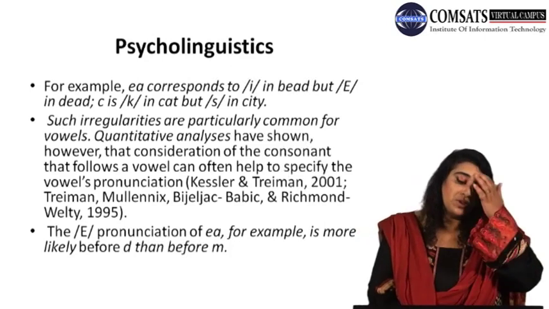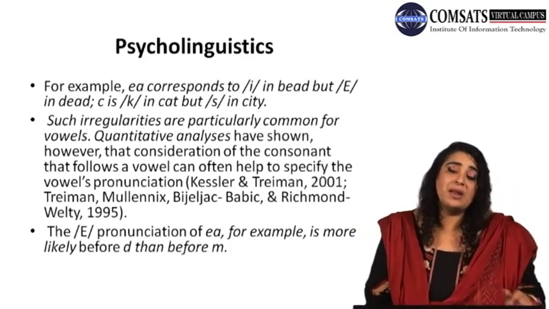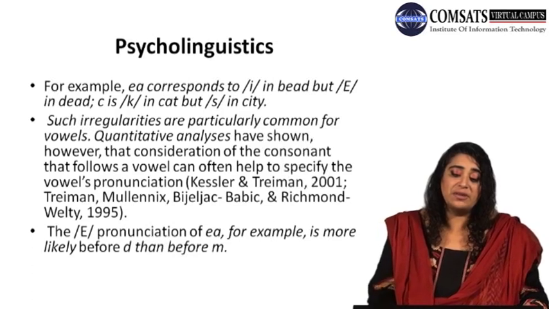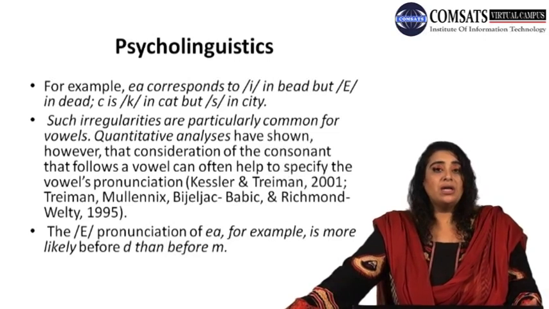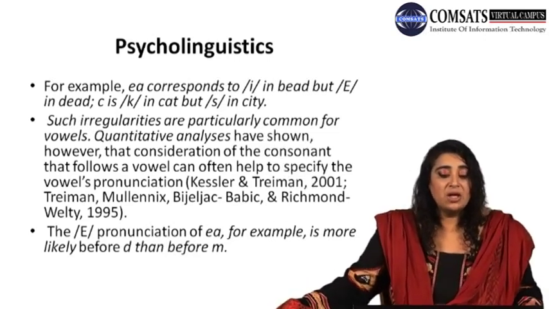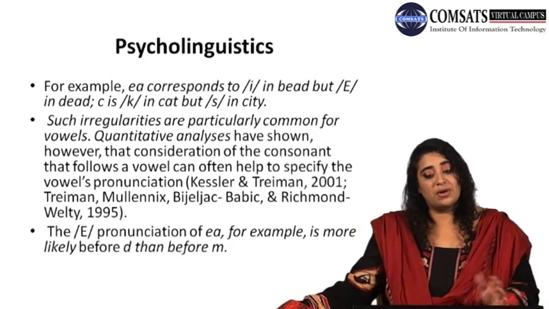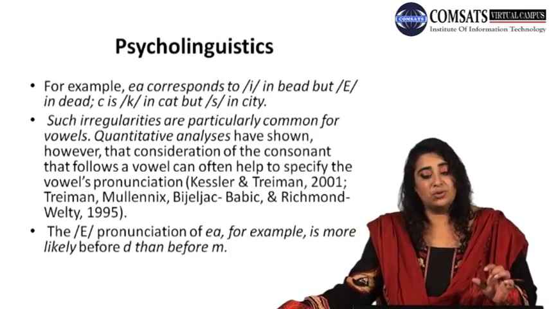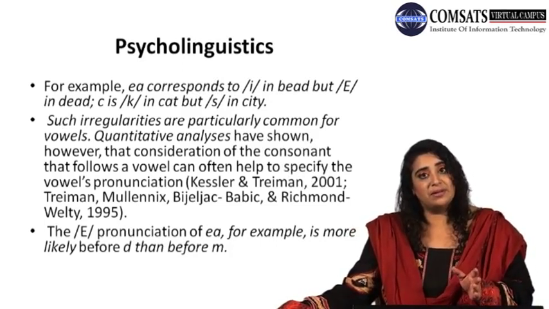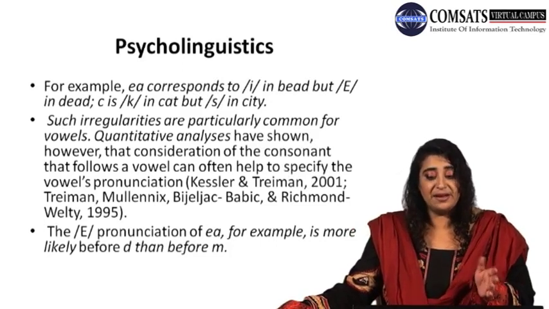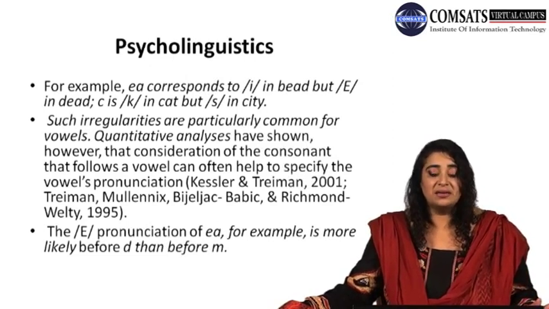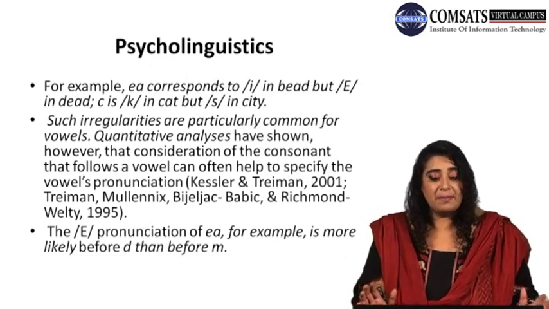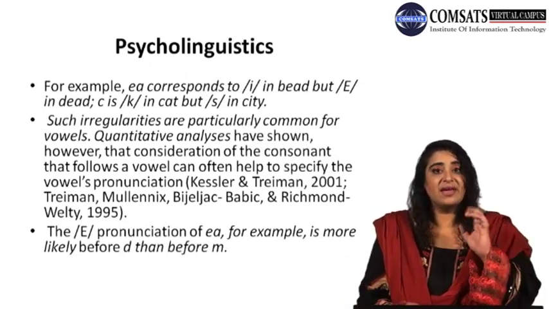We are pronouncing these different words, but spelling them in different ways. We give the sound of S in city, but we use the letter C. In bead we write E but pronounce I. In dead, E is pronounced. In cat, C is written, but we say it with the K sound.